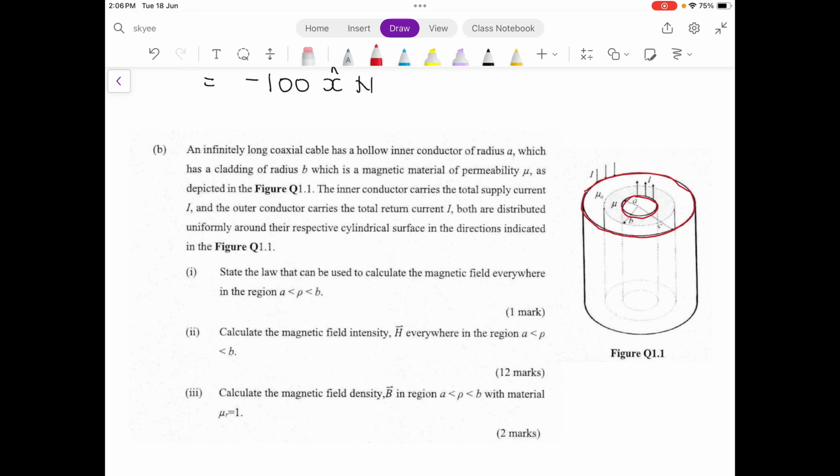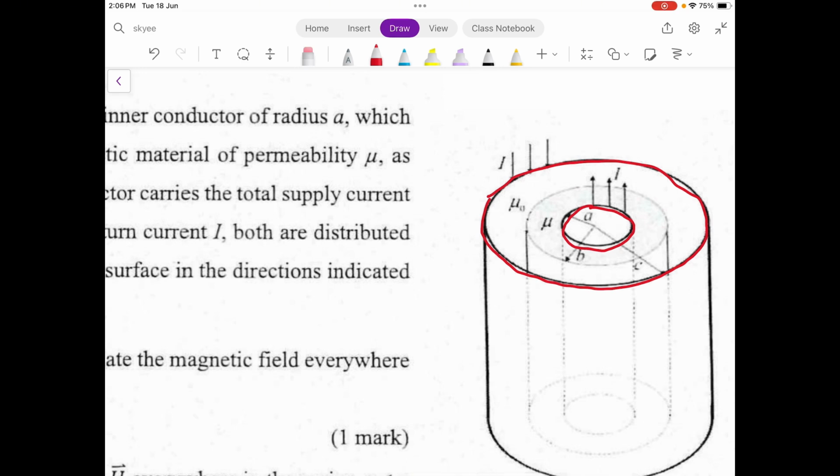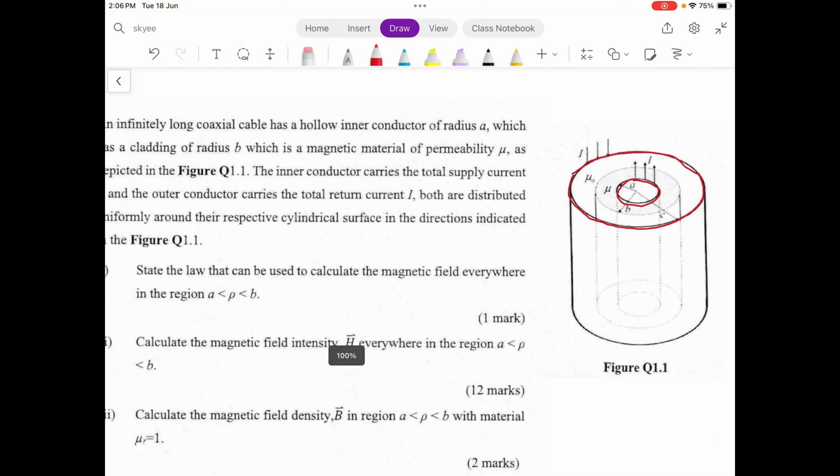Both are distributed uniformly around their respective cylindrical surfaces in the direction indicated in figure 1.1. The arrow is going up for the inner, and for the outer, the arrow of the current is going down.